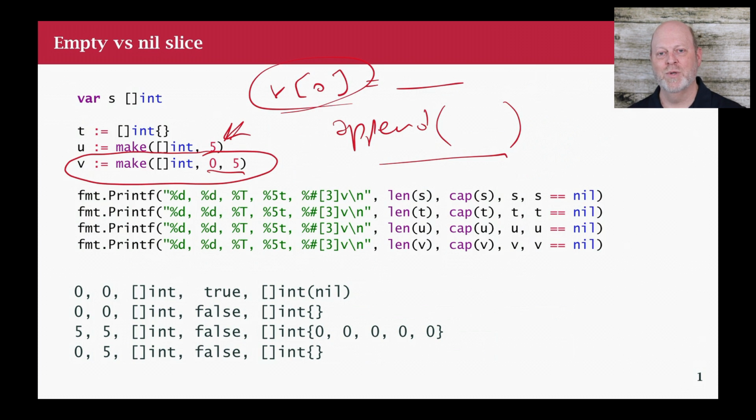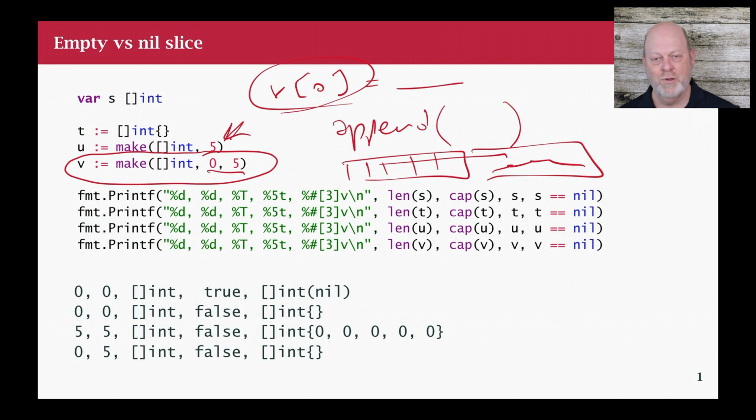But I'm not appending to a slice of length 0. In this case, I'm appending to a slice of length 5. And so I get my 5 zeros, and then I start getting values that I actually care about. Except when I do this, it's usually I've got 1,000 zeros, and then I've got values I care about. And it prints out kind of funny, and I'm wondering what's going on. So that's what I want to point out.